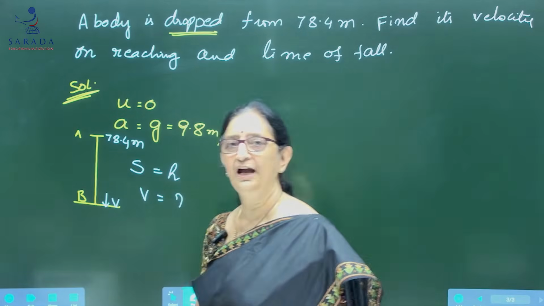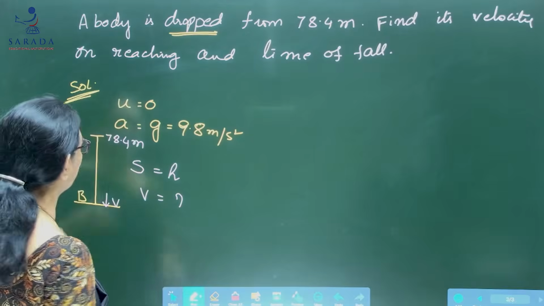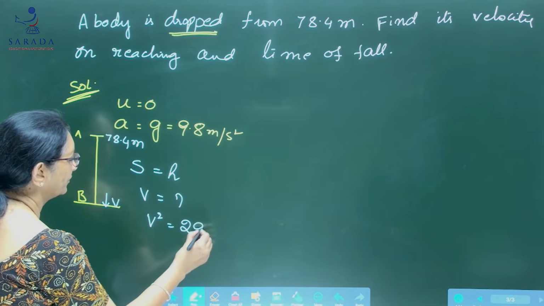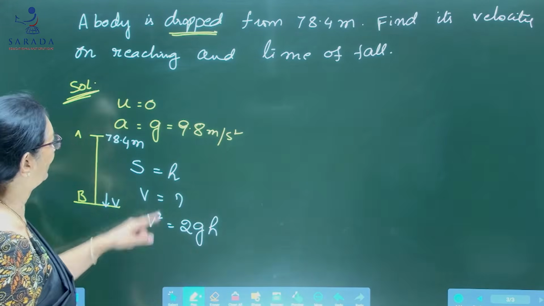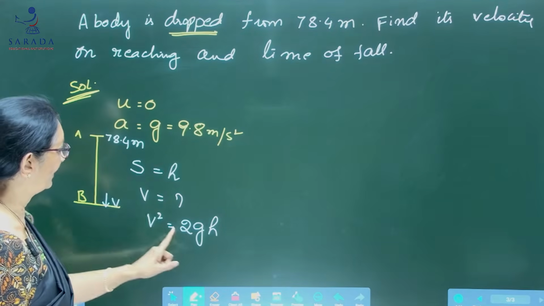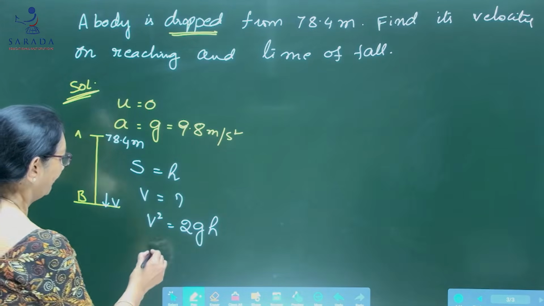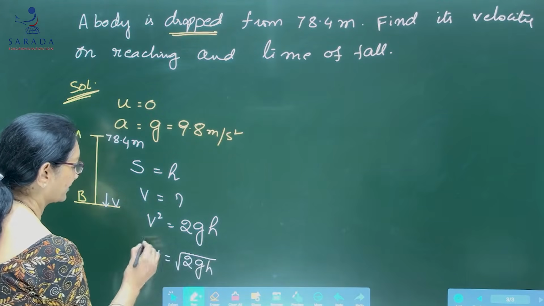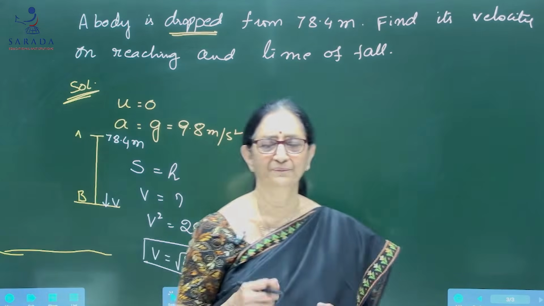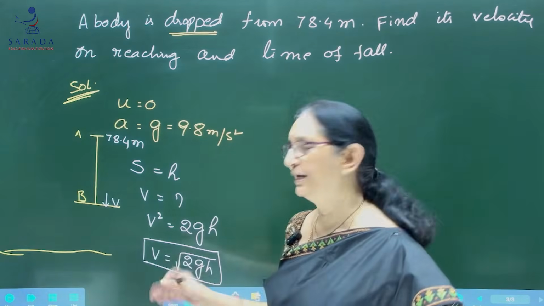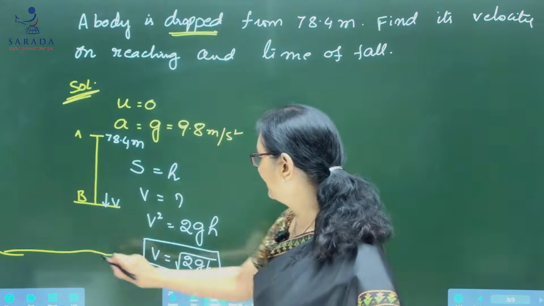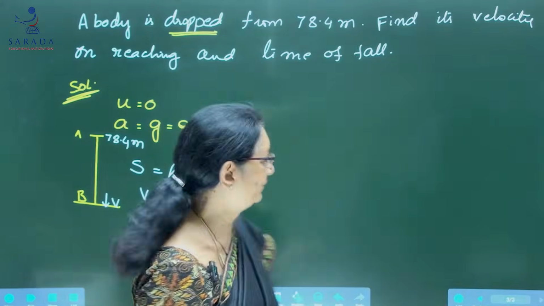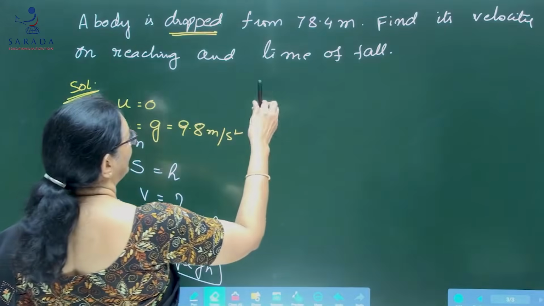What equation connects them? v square minus u square is equal to 2as. v square minus 0 is equal to 2gh. From this, v is equal to square root of 2gh. If you practice problems, that formula we can directly write: for a body dropped from a height h, velocity on reaching the ground is square root of 2gh.